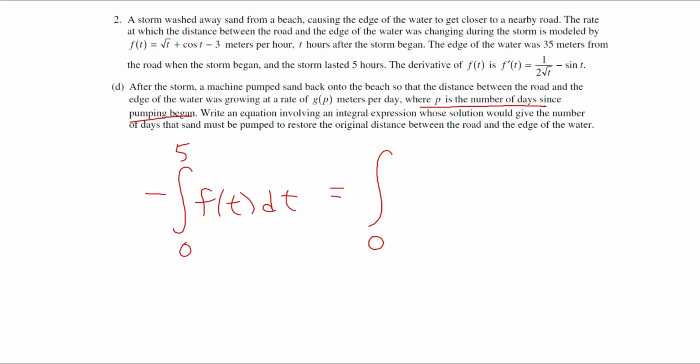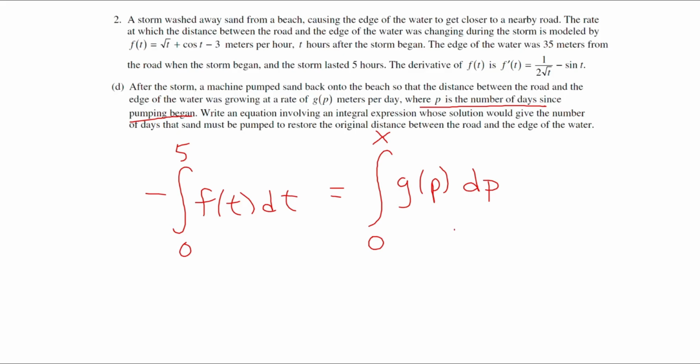We'll integrate from 0 to some number of days, g of p dp, right? So we're just going to say, okay, we're pumping at this rate, so we need the amount that we pump from 0 to some x value to equal the amount that it changed from 0 to 5 during the storm, and the opposite of how much it changed, because we're pumping more sand back in, so we have to cancel out the negative.